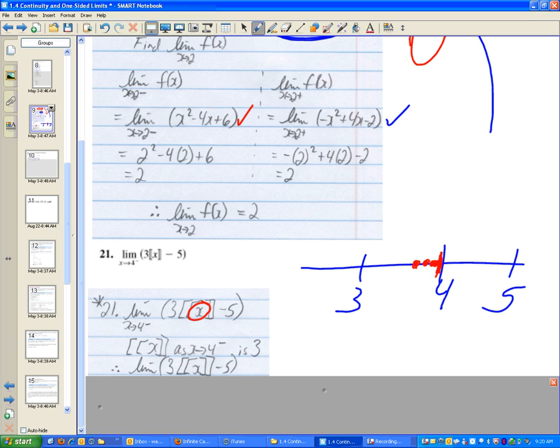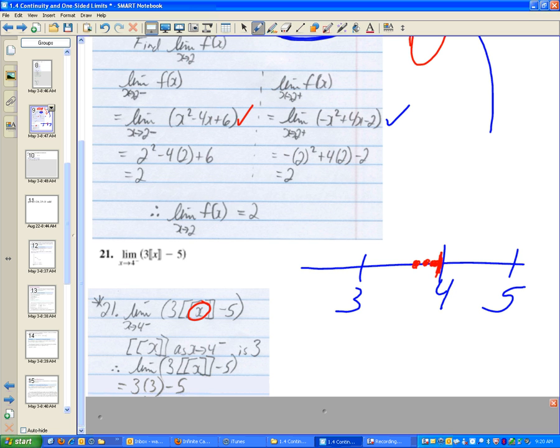Yes, because the greatest integer function means the greatest integer less than or equal to whatever your number is. So the greatest integer less than or equal to all of those numbers is 3. No, but we'll do that in a second. So you with me that it's 3? Okay, so the limit can be found.